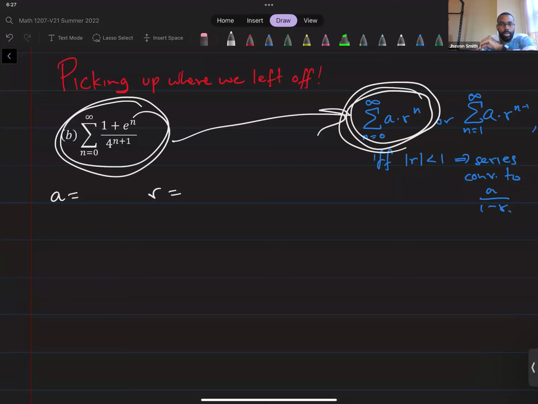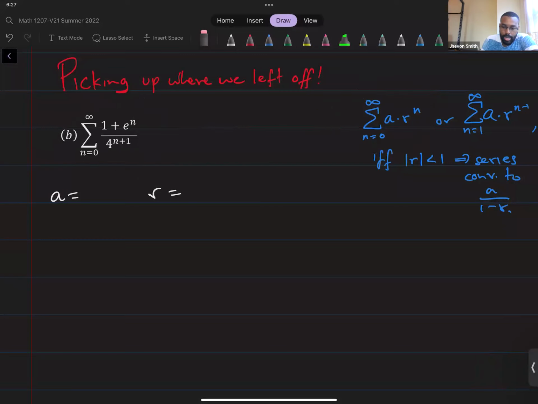And I believe the answer would be no, right? You want to be able to write it as a number times some other number to an nth power, and then you tell me what those numbers are. So this is clearly not in the right form to just read off the numbers. You first have to put it in the right form, and then you'll be able to say what the a is, what the r is, etc. So there's actually something going on here.